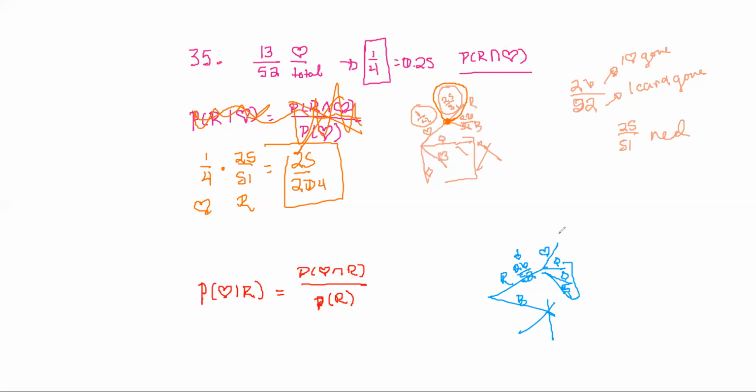And this is going to be a, well, you can't really solve it the same way because you don't know if the red card is going to be a heart or a diamond, because the red card could be either. We know that there are 51 cards left in the deck, but there could be 13 or there could be 12.